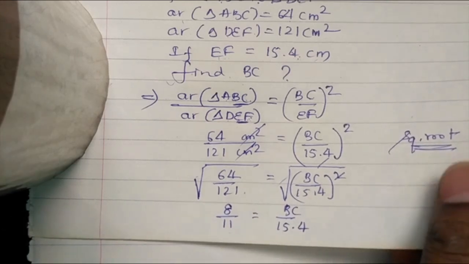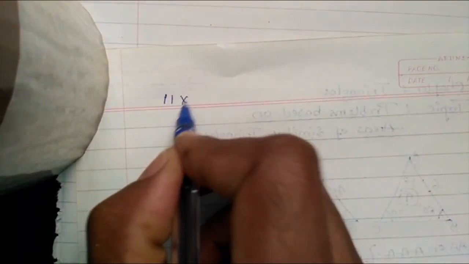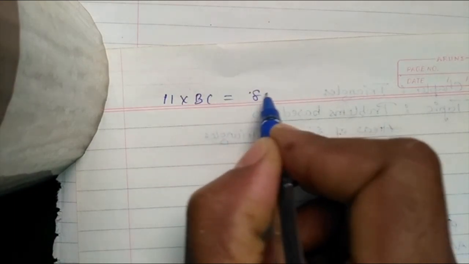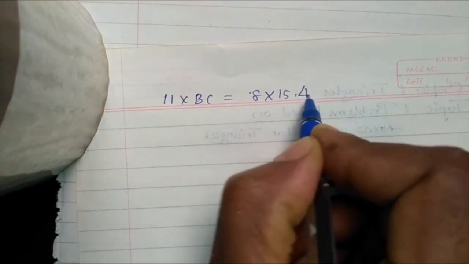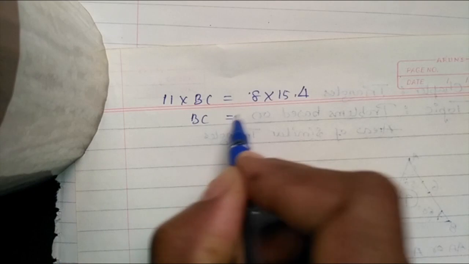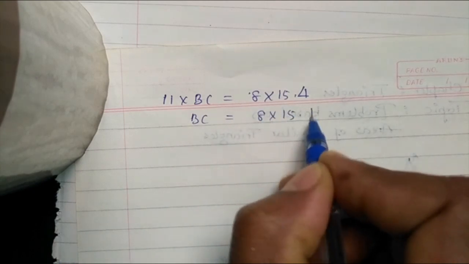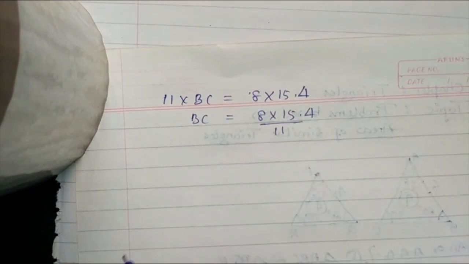Then we go for cross multiplication. 11 into BC is equal to 8 into 15.4. Then BC is equal to 8 into 15.4 divided by 11.